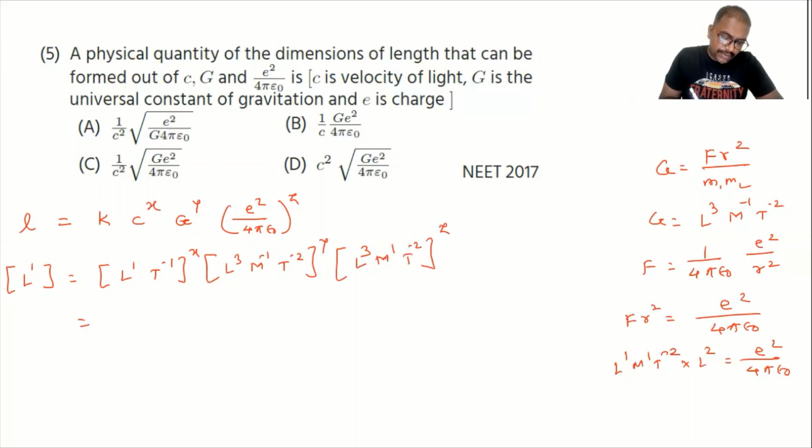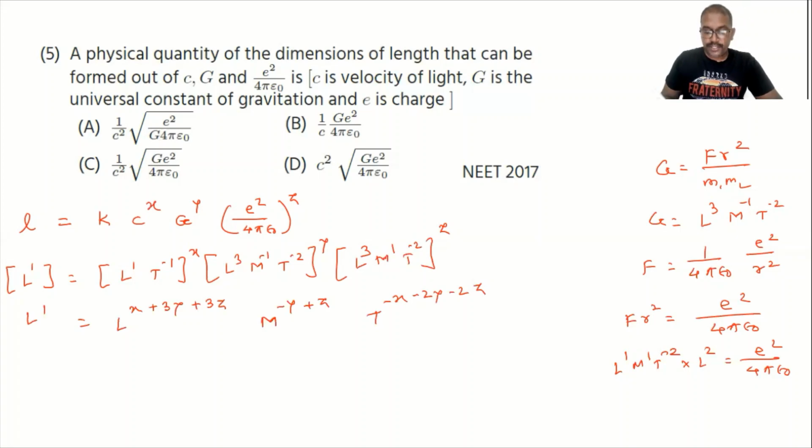So after solving this, L raised to x and here L raised to 3y. So x plus 3y and here 3z. So 3z. M appears only in the middle term and the last term, so minus y plus z. And T raised to minus x here, then minus 2y minus 2z. And here only L1.